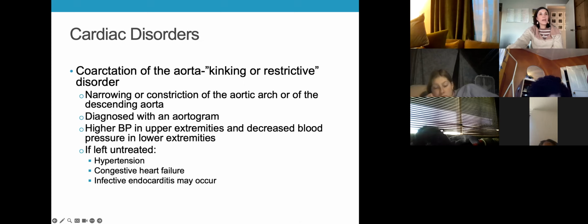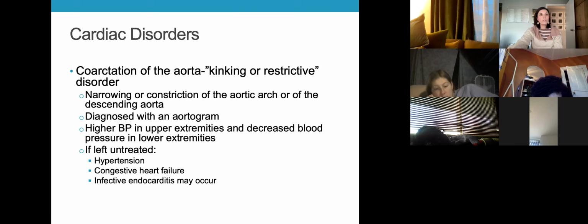So when we're looking at our coarctation of our aorta, that is going to be our kinking or our restrictive disorder. And that is going to be a narrowing or constriction of our aortic arch. And we diagnose that with an aortogram.